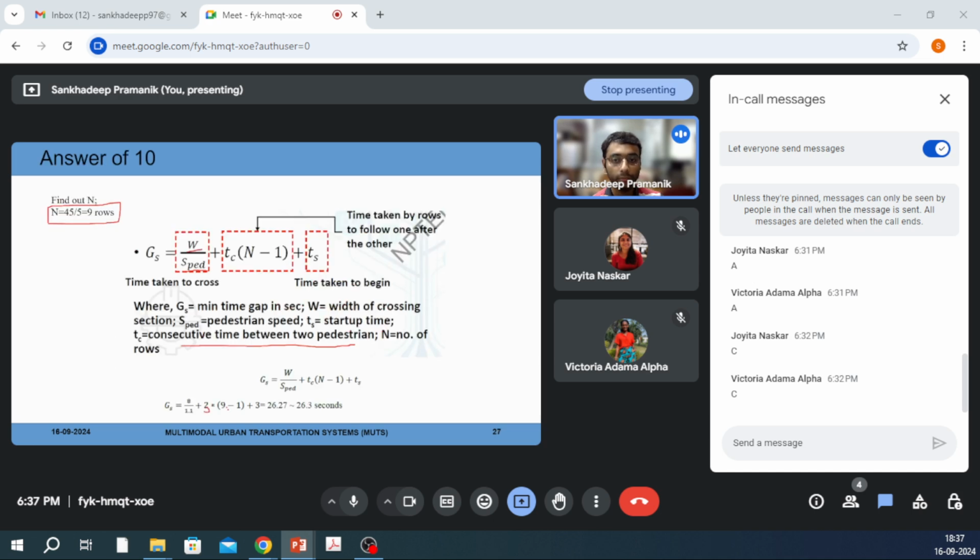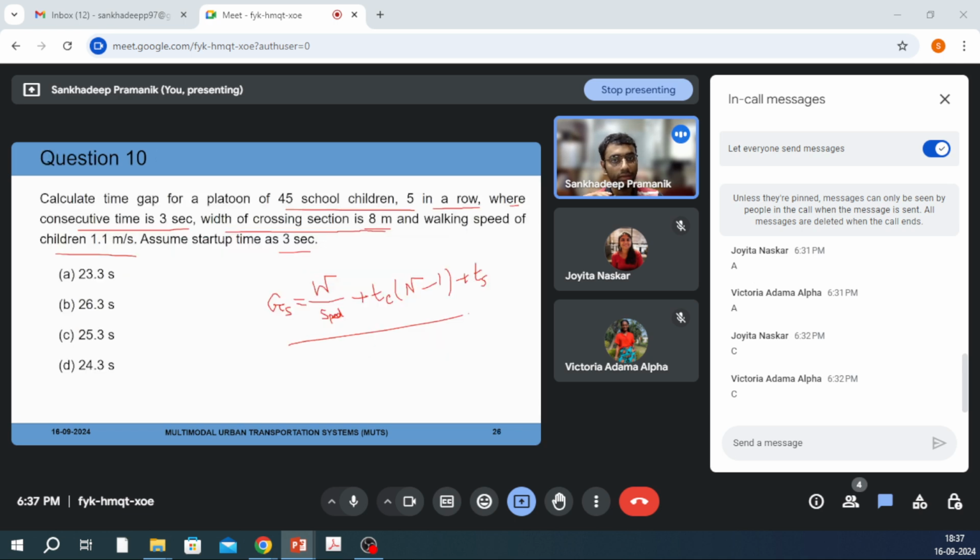Then n is the number of rows, that is 9, and 9 minus 1 here, and TS, it is the startup time, which is given as 3 seconds.